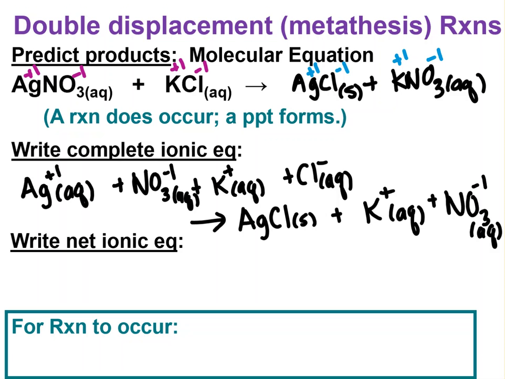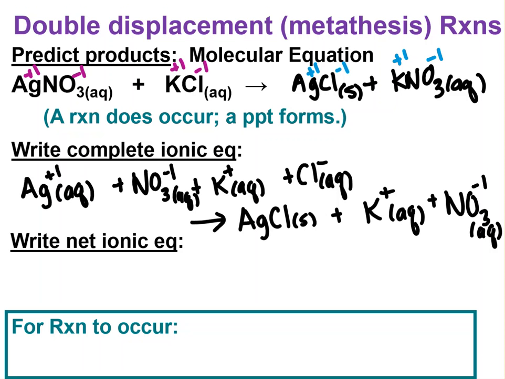Notice that when I do this, I write a charge on every ion that is floating around by itself. And I should have state symbols on everything. And it's balanced. Up here, my coefficients were all 1. So it wasn't too hard, but when I split this apart, it should still be balanced.